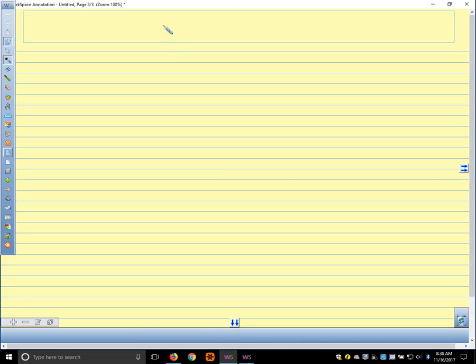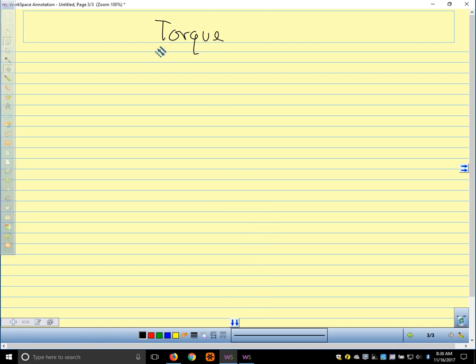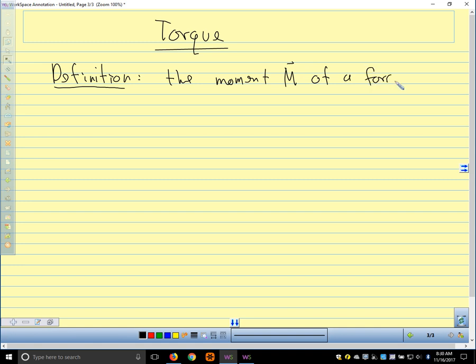All right, torque. Our torque is one of our applications of the cross product. Our definition of torque is the moment, and we're going to talk about a vector moment, M, of a force F about a point.